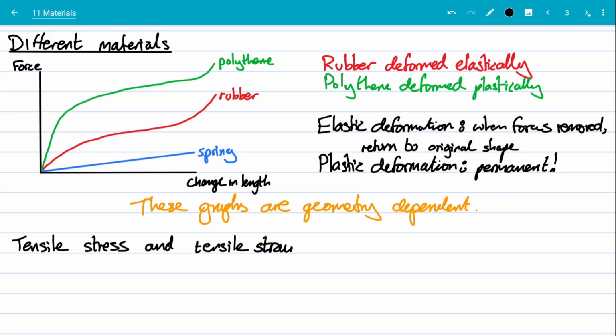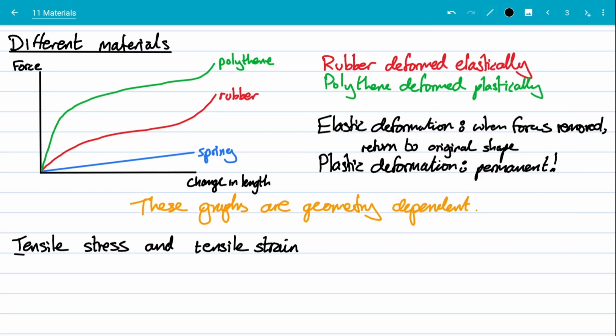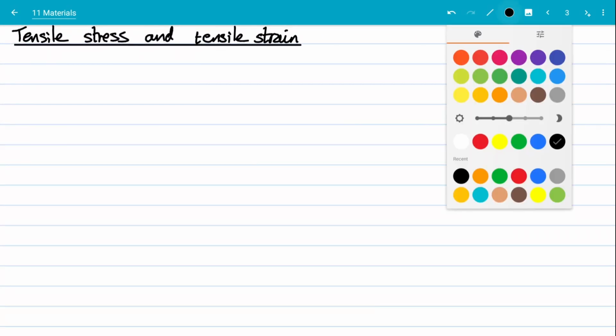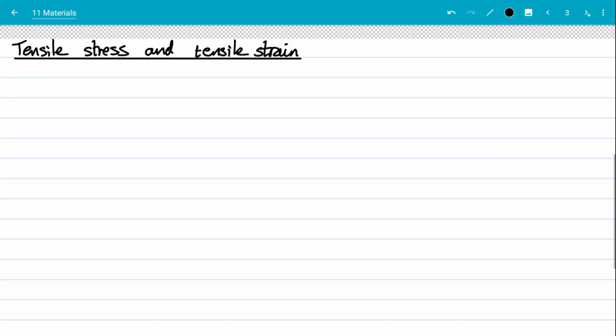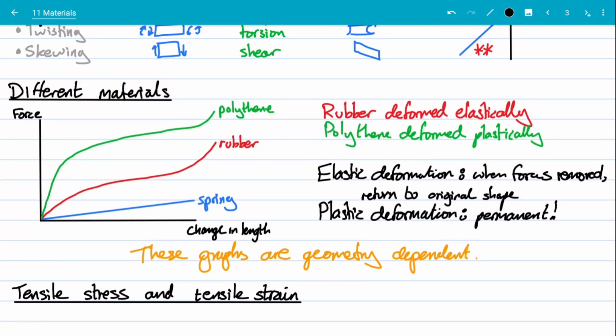It wouldn't be any different, although with strain we'll talk about extension, and it would be a compression rather than an extension. But we'll just leave it like that. So tensile stress and tensile strain. What we want to do is replace each of these, force and change in length, with something that makes it geometry independent. So let's start with the change in length.